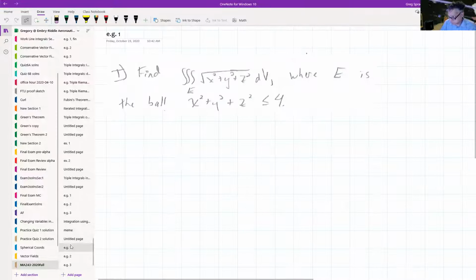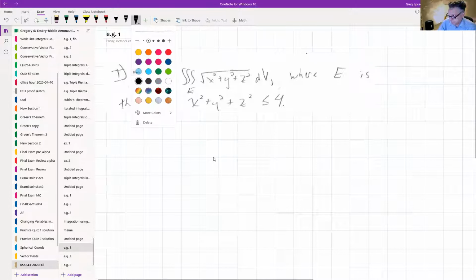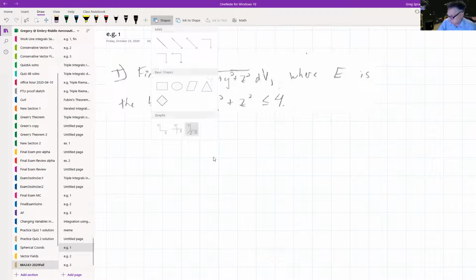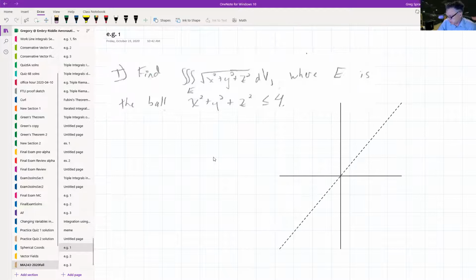Okay, so here's an example. Find the integral over the ball x squared plus y squared plus z squared less than or equal to 4 of the square root of x squared plus y squared plus z squared. So I'll sketch the region. It is a ball. Ball means that it has everything inside.